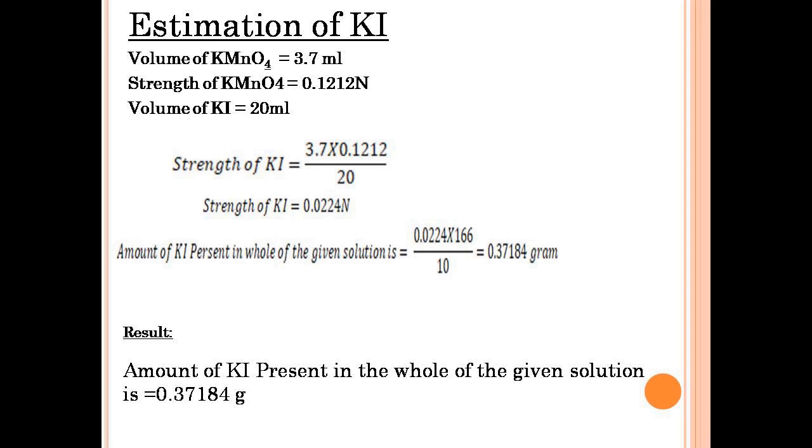The volume of potassium iodide taken for the titration is 20 ml, from which the strength is calculated as 0.0224 normal, from which we may calculate the amount of potassium iodide present in the whole of the given solution as 0.37184 gram. Then we may write our result: the amount of potassium iodide present in the whole of the given solution is 0.37184 gram.